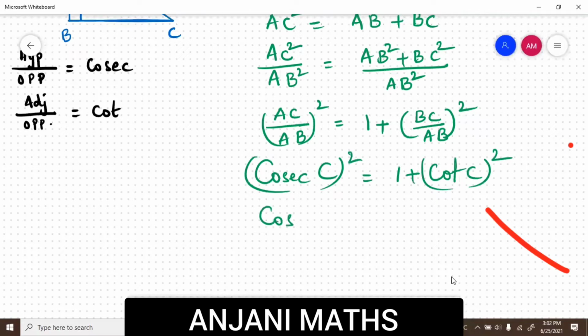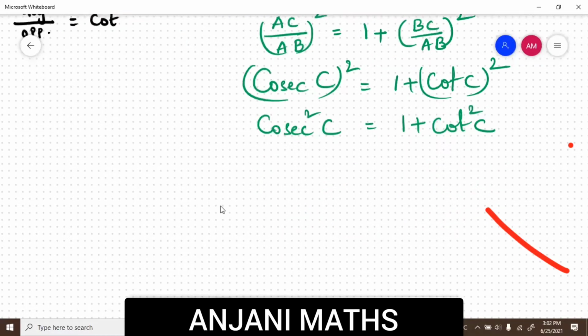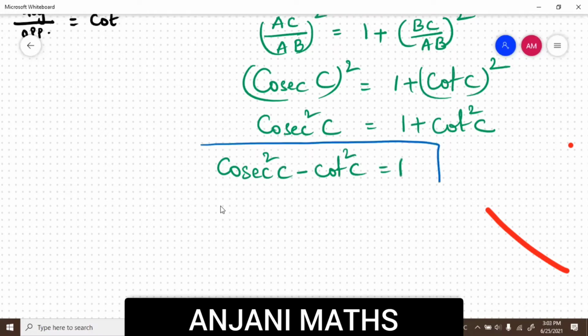So we have cosecant square C equal to 1 plus cot square C. Bring that cot square this side, we get cosecant square C minus cot square C is equal to 1. This is another trigonometric identity.